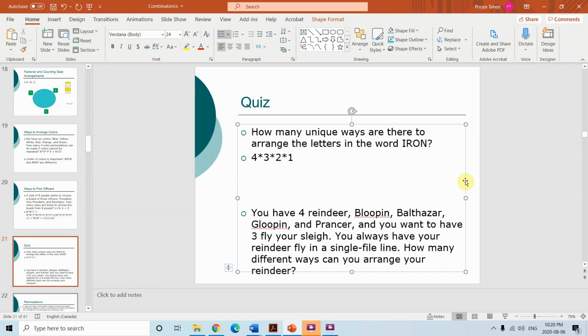So this is basically permutation, I can write it like this, 4P4, or let me make these ones subscript. Okay, or it's going to be 4 factorial.